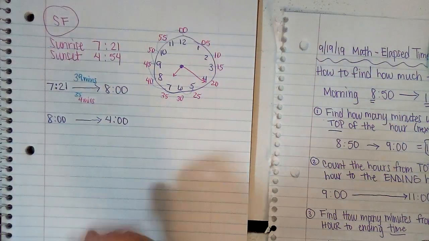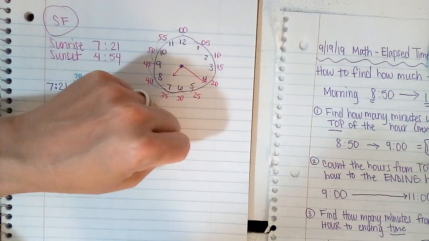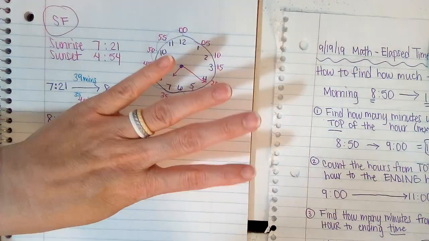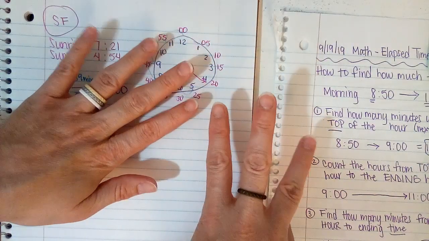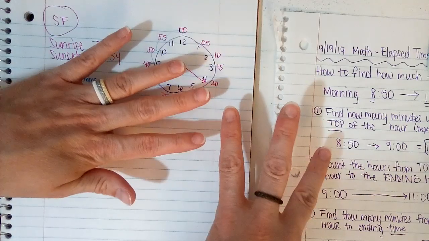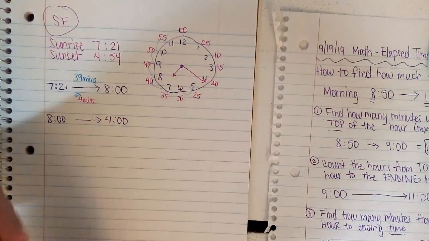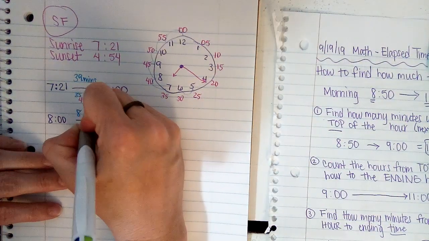And I just like to count my hours like this. So it's 8, 9, 10, 11, 12, 1, 2, 3, 4. How many hours is that? 8 hours. So I'm going to write 8 hours.